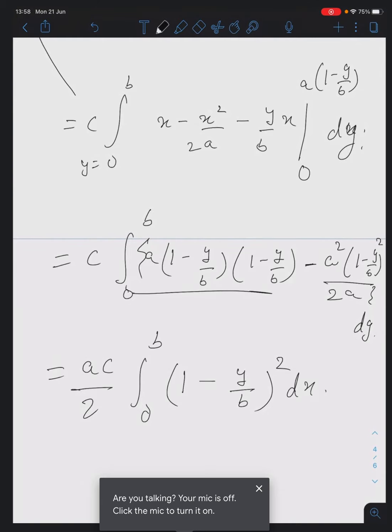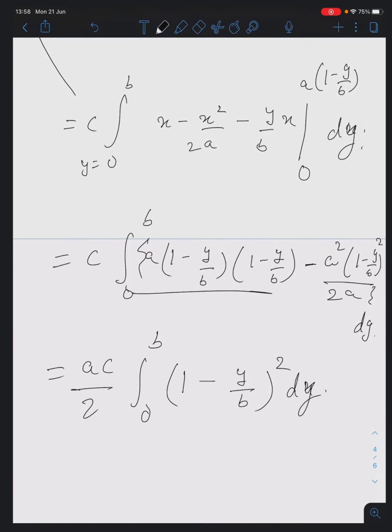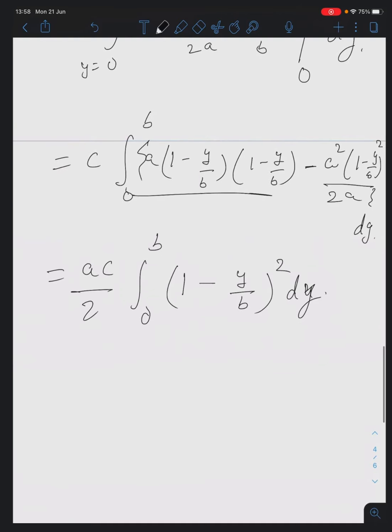Check it. Is this correct? dy. Yes, ma'am. Okay, 1 minus y by b whole square dy. Now integrate this and tell me the answer.